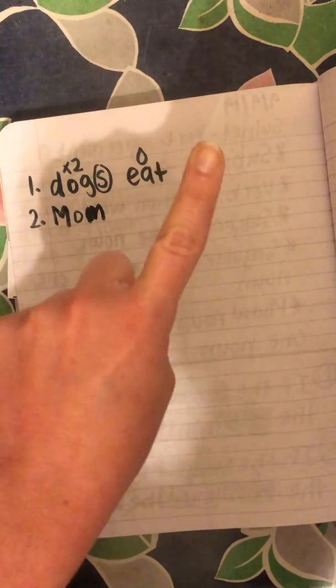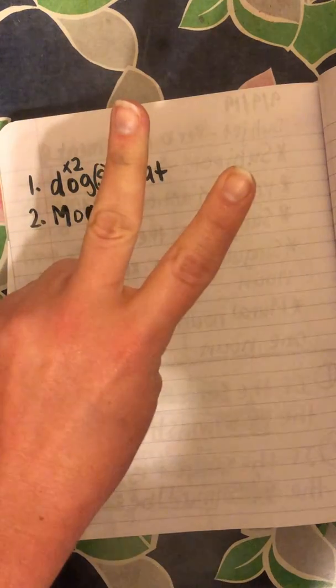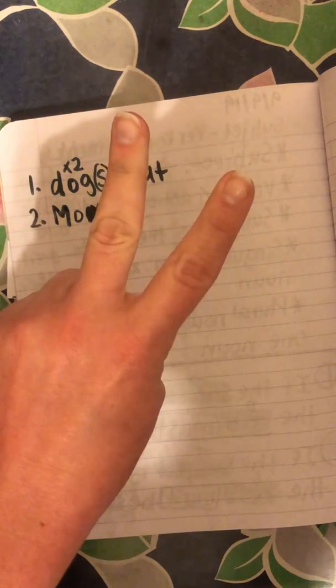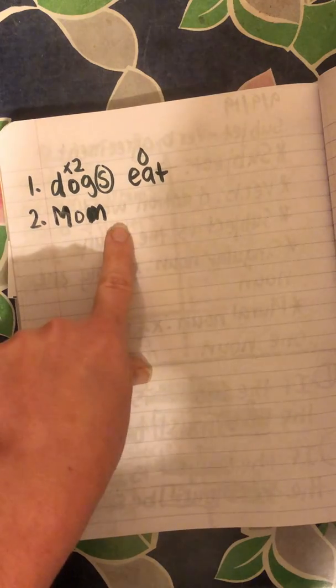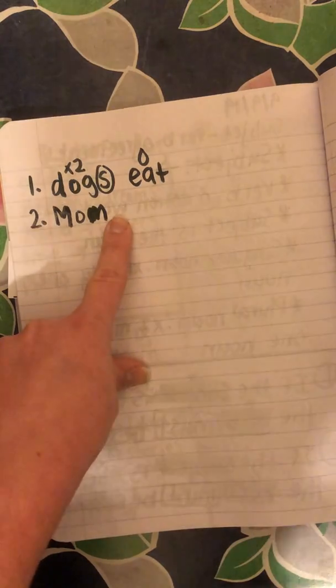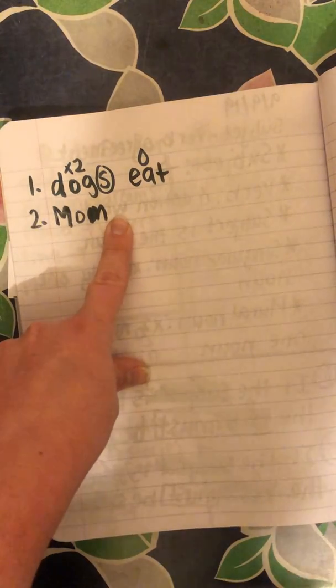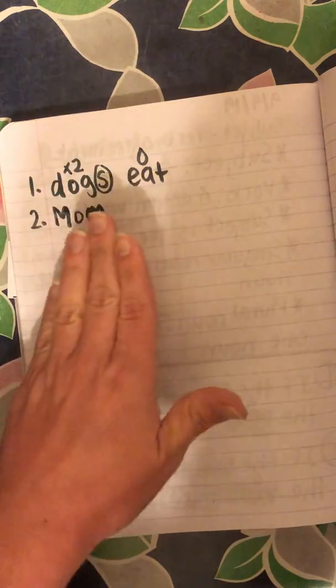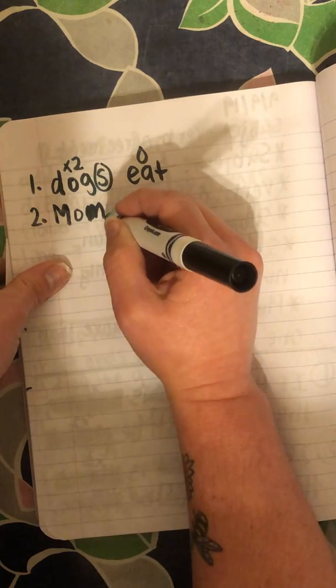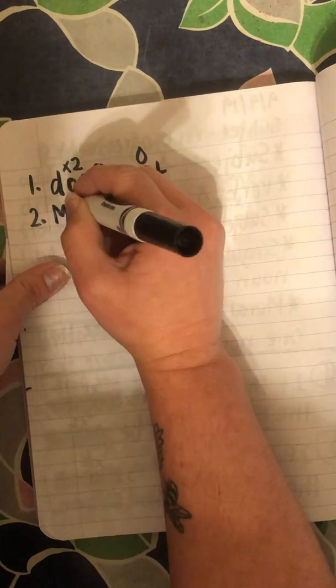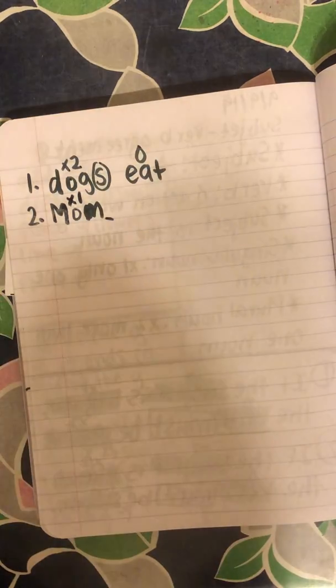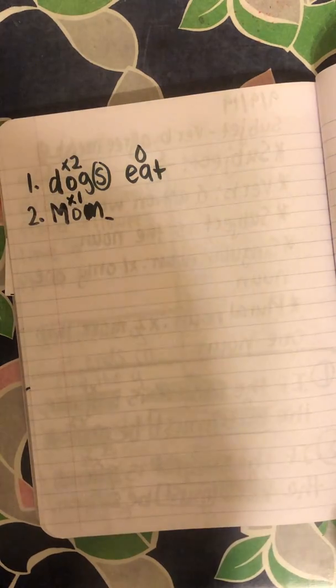Is mom singular or is mom plural? Is there an S at the end? If there is not an S at the end or any variation of the plural rules, that subject is singular. So I noticed that there's no S at the end here, meaning that is singular. Put your ×1 over it to show your symbol.